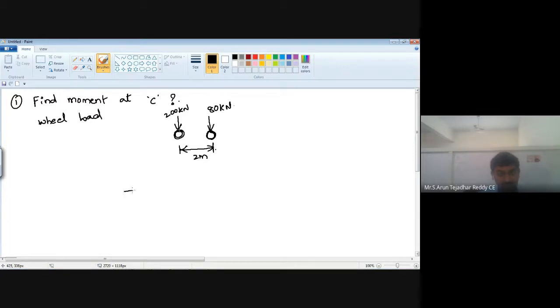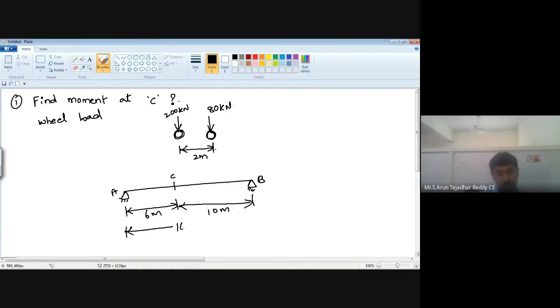Now the given diagram is A, B, and here it is C. 6 meter, 10 meter, 16 meter. Okay, this is our question. This is the entire question.